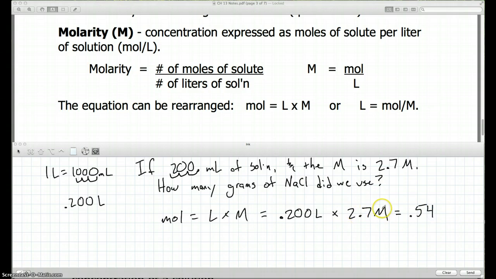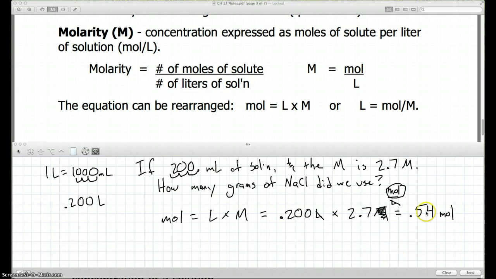And if I remember, molarity is moles over liters, so it can actually be helpful to write it as moles over liters. Because now I can see what this L and that L are going to do. That L and that L cancel. The only unit left is moles, and that's the unit on our answer.